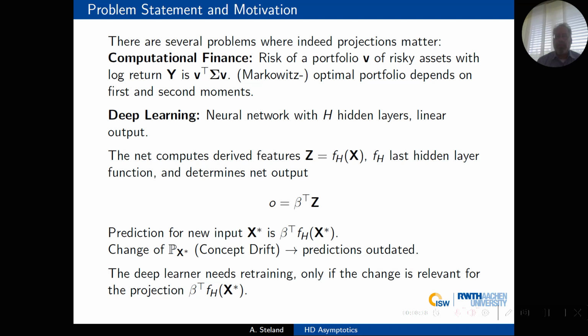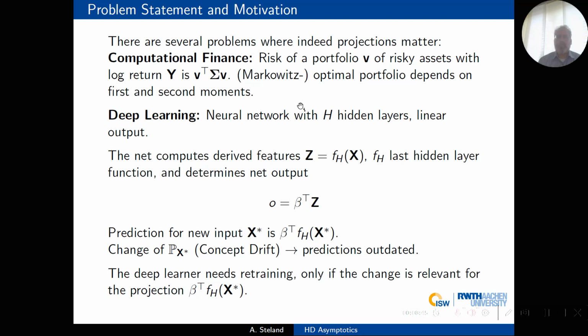And it is also well known that the Markowitz optimal portfolio depends on first and second moments. So in principle, this is exactly the situation where you can say, okay, I'm interested only in detecting a change which is relevant for my risk. So my risk is given by this quadratic form. So you should monitor this function.